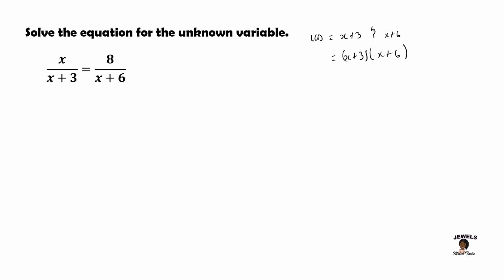Okay, so now that we have our LCD, we are going to begin converting our fractions into their equivalent form where it is made up of both of these terms. So we're going to start with the first one, which is x over x plus 3, and this will equal our new fraction where our denominator is made up of our LCD.